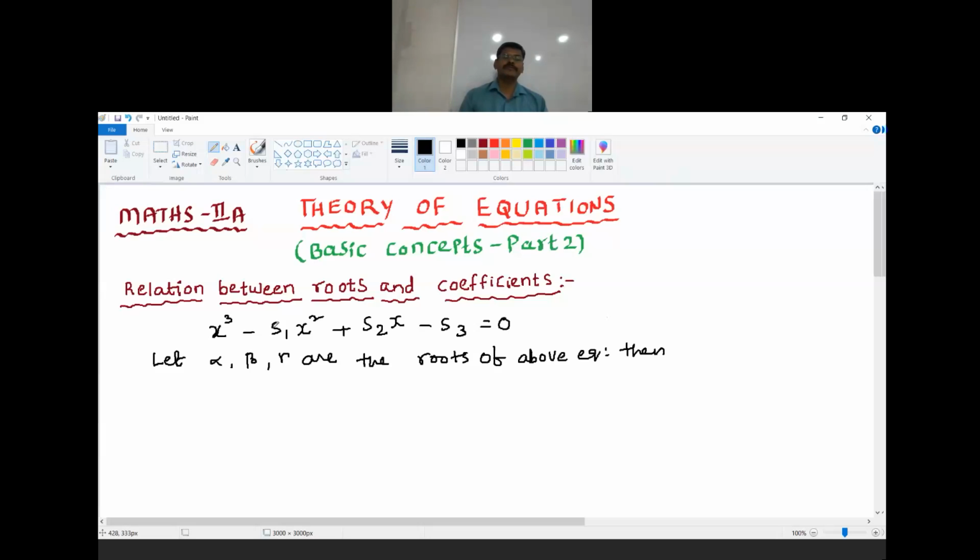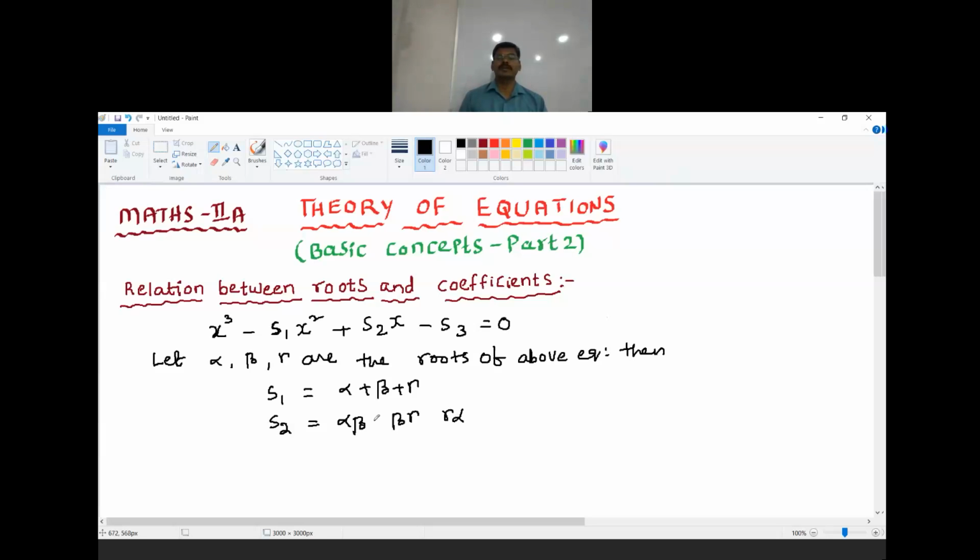Let us write first S1. S1 is equal to alpha plus beta plus gamma, the sum of the roots. Next, S2 equals the sum of the product of two roots taken at a time: alpha beta, next beta gamma, next gamma alpha.